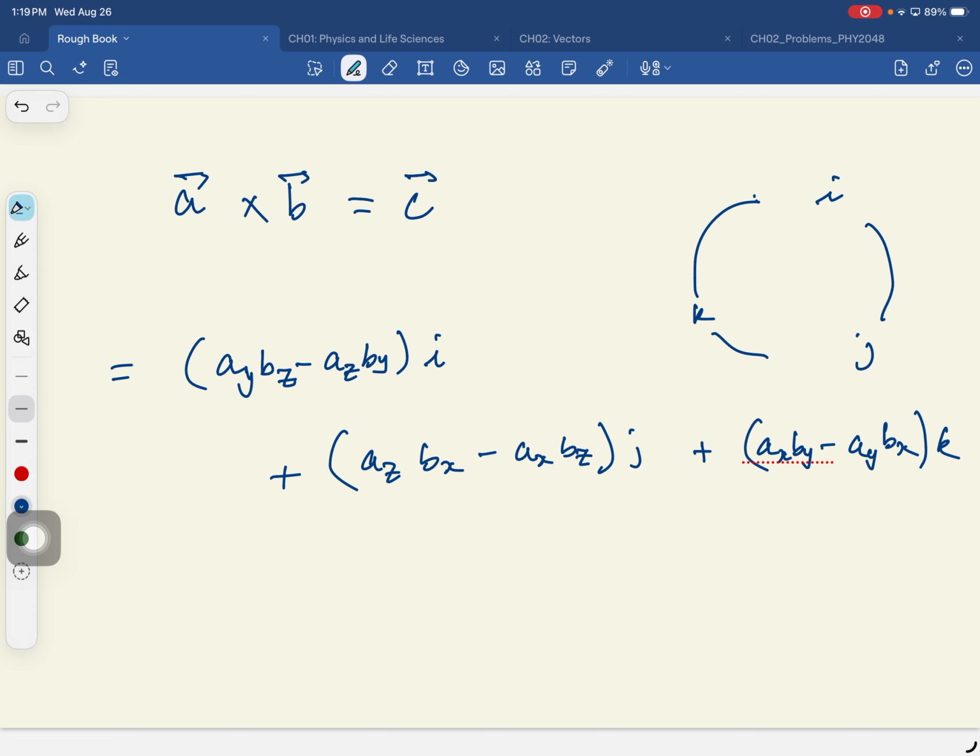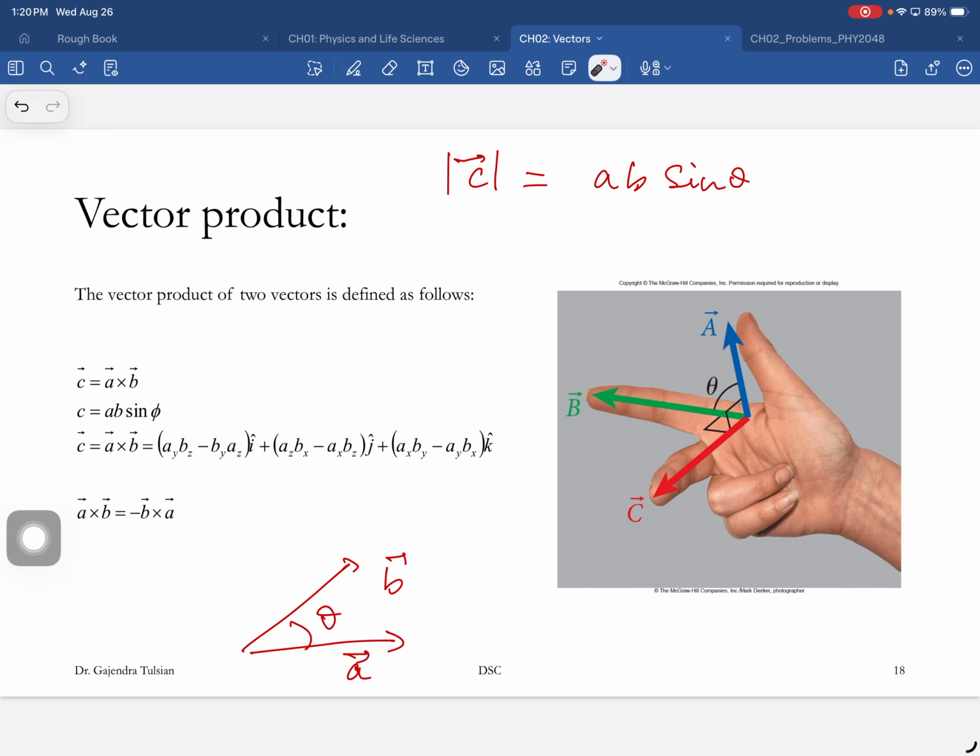Okay, so that's the definition of the cross product. And you just have to remember it. If you have had determinants, it turns out that it's equal to this determinant. Okay, so there's the definition of cross product.